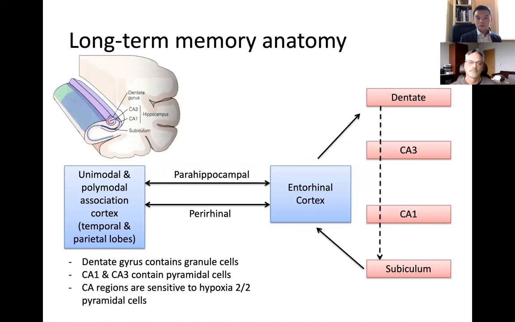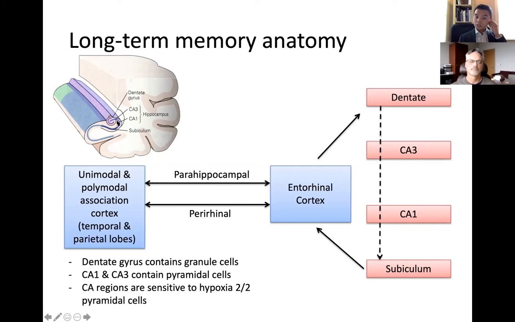All right, so long-term memories. I suspect that our audience is going to have seen some sort of pictures like this as we go. At least for me, the main thing that I want them to get out of this slide, which is a picture of some of the anatomy involved in long-term memory, is thinking about CA1 and CA3 as they happen in the hippocampus.